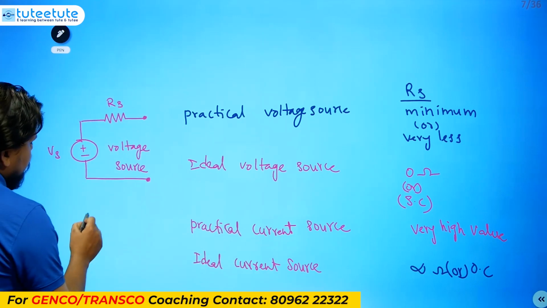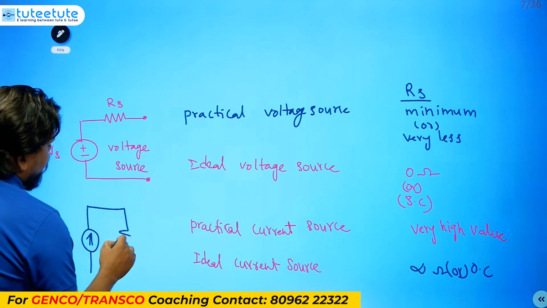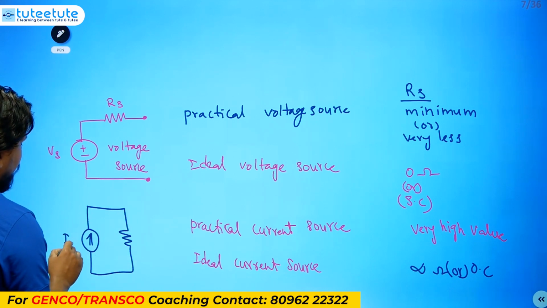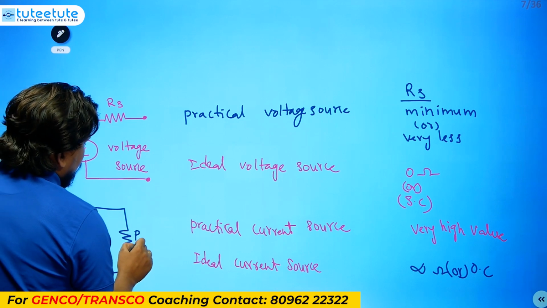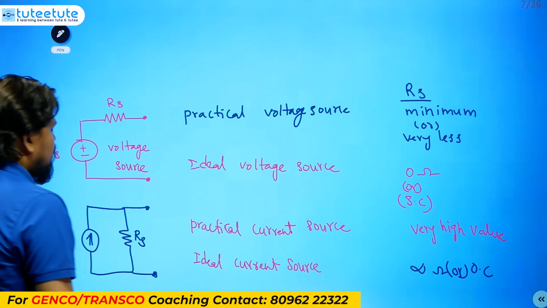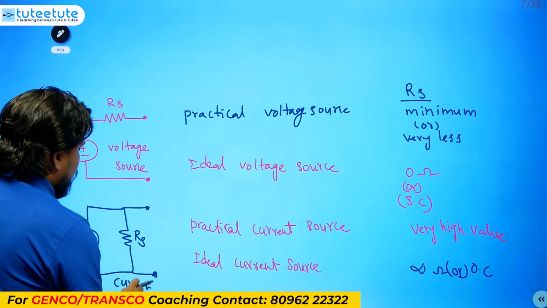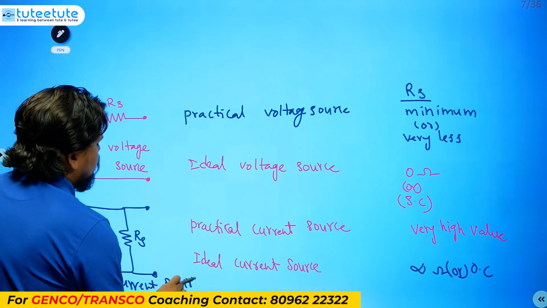For a practical current source, the current source value Is is in parallel with Rs. Like this, this is the current source representation.